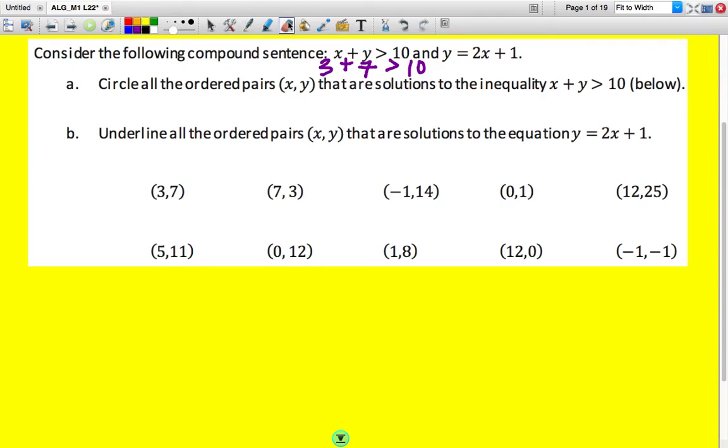The next pair is 7 plus 3. So again, we have 10 is greater than 10, which is not true, so that's also not a solution. The next pair is negative 1 plus 14 is greater than 10. Negative 1 plus 14 would be positive 13, which means this is a solution.